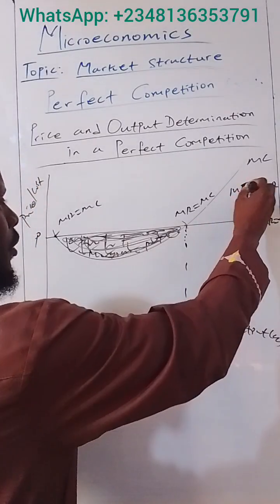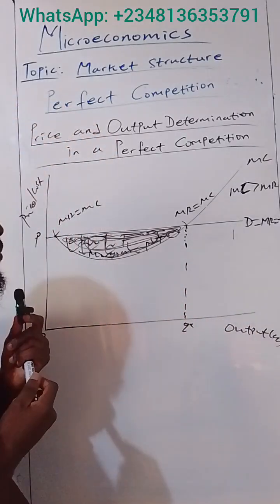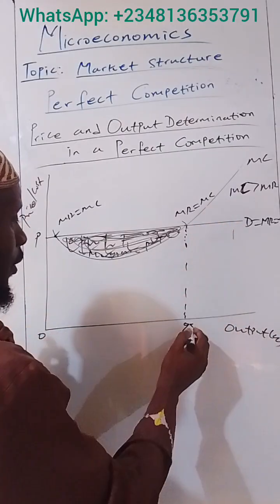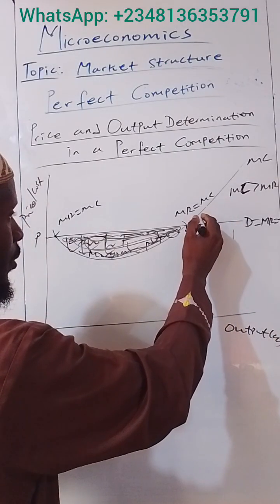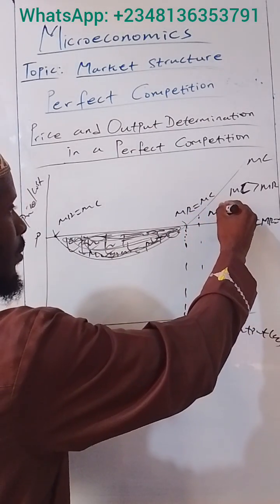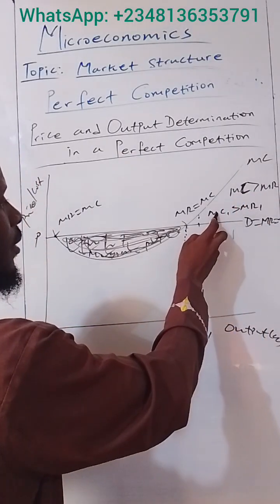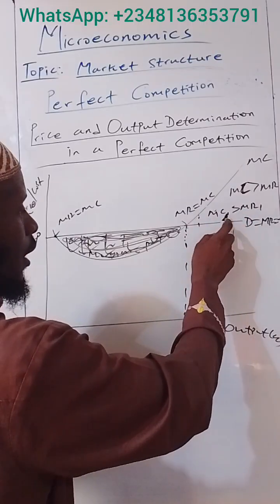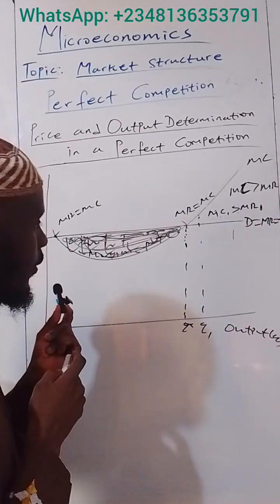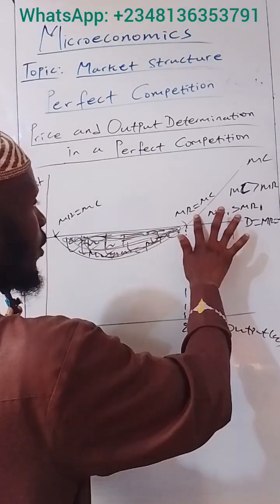Why? Because MC will be greater than MR. It's going to make a loss on every extra unit produced. For example, if the firm produces beyond this Q star, let's say the firm decides to produce at this point, let's call it Q1. You can see MC1 here is greater than MR1, that is, the expenses incurred to produce one more unit are more than the revenue generated from the sale of that unit. So it does not make sense for the firm to produce beyond this point. That's what we are trying to say.